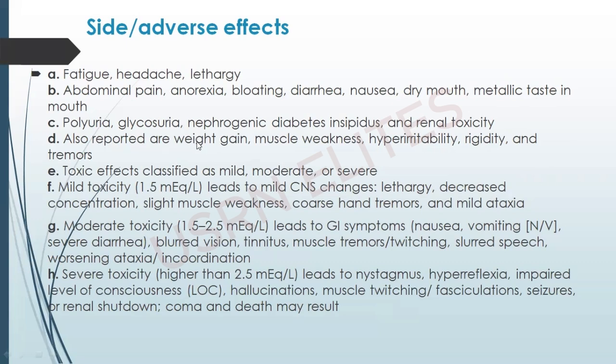Polyuria, glycosuria, nephrogenic diabetes insipidus, and renal toxicity. You can get all of these as side effects. Polyuria, glycosuria: you pass out more urine containing glucose. In diabetes insipidus, do you retain urine or give out more urine?